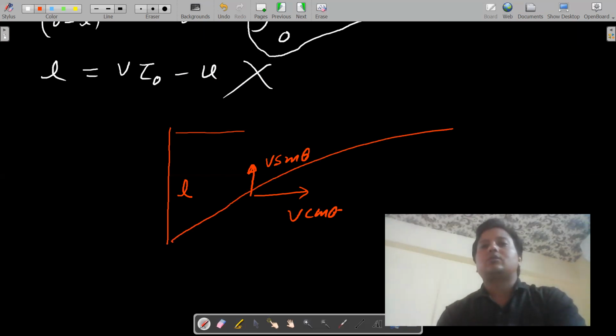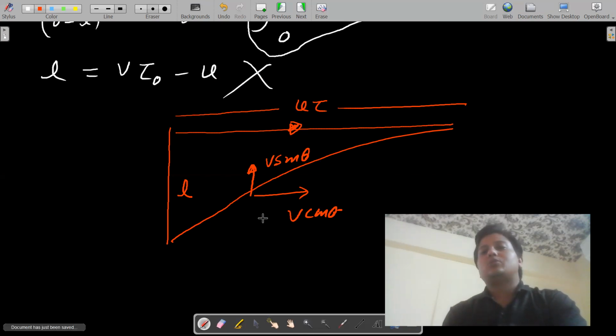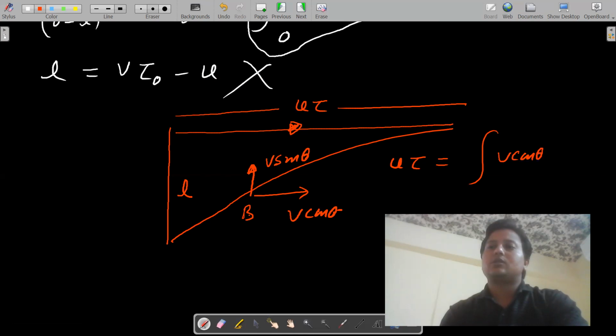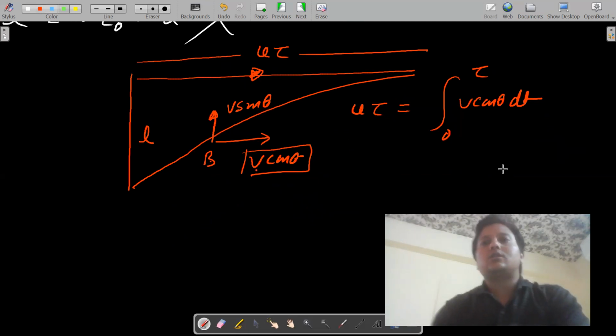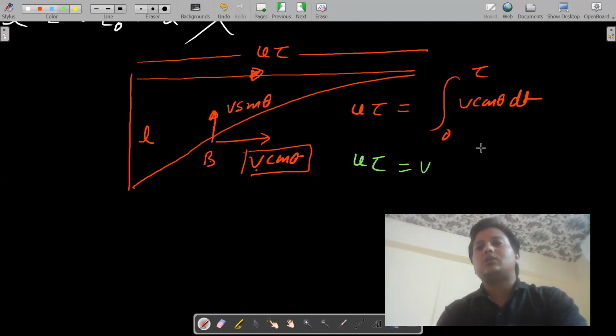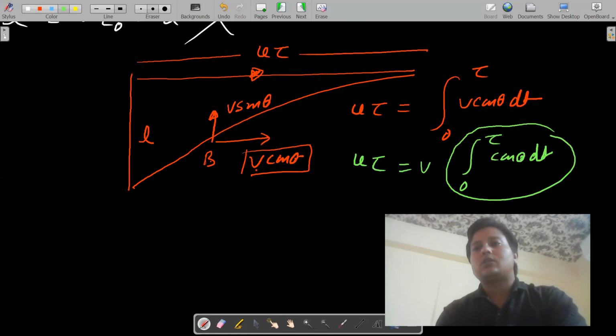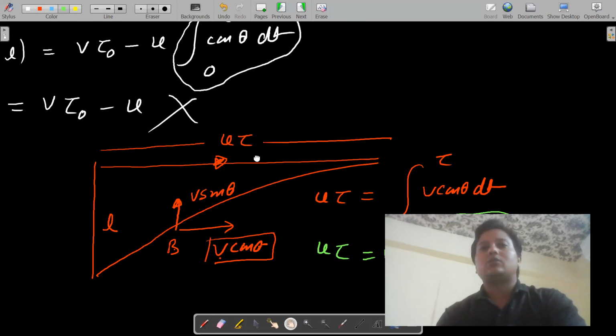Body B will travel a distance u tau, and body A will travel the same distance along that direction. So we can say u tau is the integral of v cos theta dt from 0 to tau. We use an integral because v cos theta is not a constant. So here we see u tau equals v times the integral from 0 to tau of cos theta dt. This unknown integral is the same one that was unknown in the previous equation.